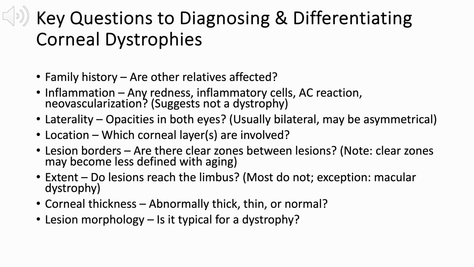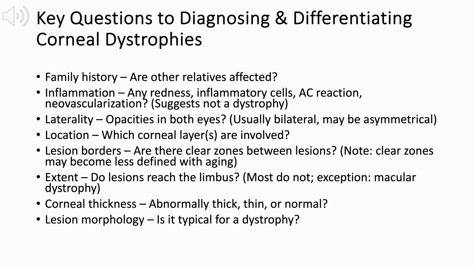The location of the opacity is also essential. Determine which corneal layers are involved: epithelial, stromal, or endothelial. Assess the lesion borders. Are there clear zones between the lesions? Many dystrophies show distinct separation between deposits, though these zones may become less obvious with aging. Consider the extent of the lesions.